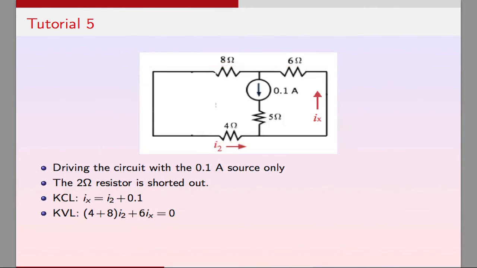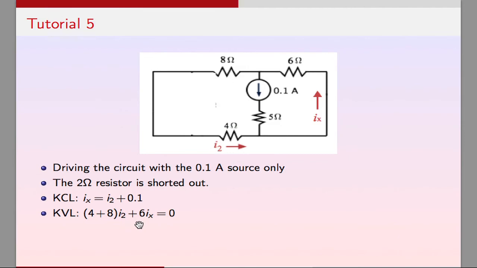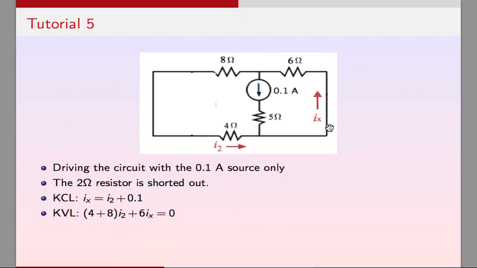The 8 and 4 ohms are in series, so we have (4 plus 8) times I2 plus 6 times Ix is equal to 0. Now these are two equations and two unknowns, and we can solve for I2 to get minus 0.034 amps.